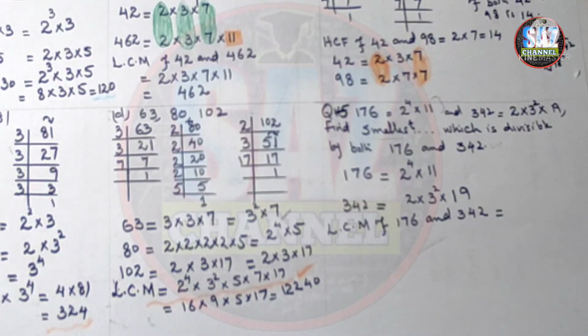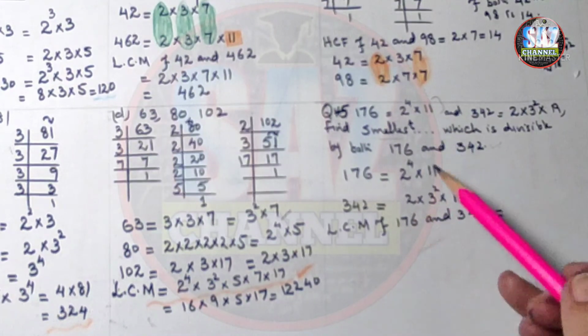Now recall what to do to get the LCM. LCM is the product of common and non-common factors, and the factors have to be the prime ones. For the common factors, we have to choose the common prime factors with their largest index.